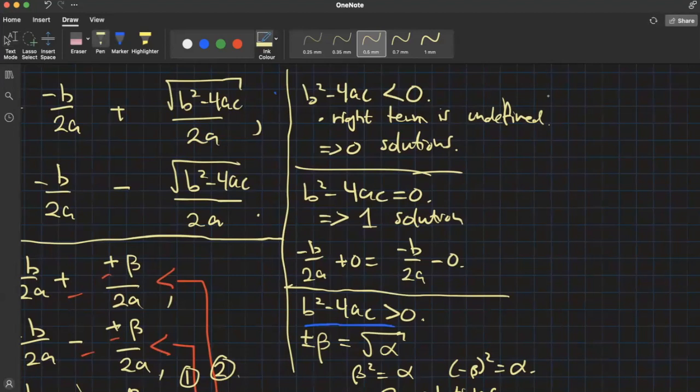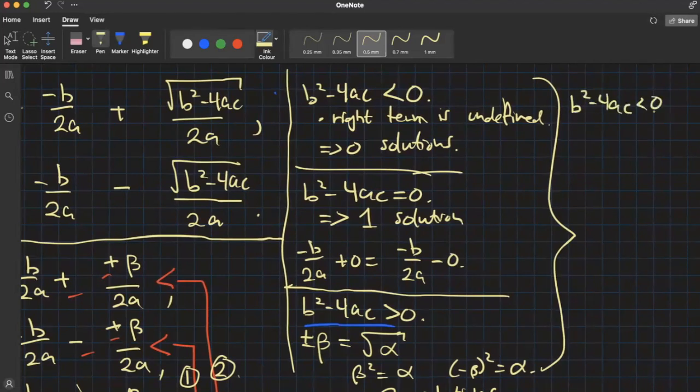So now let's do a quick summary of all of this information, nice and neat. When we have b squared minus 4ac is less than 0, we have 0 solutions. When we have b squared minus 4ac is equal to 0, we have 1 solution.